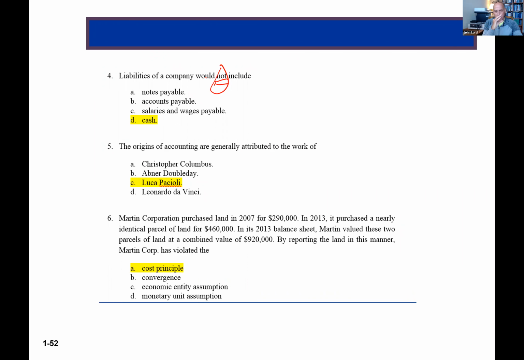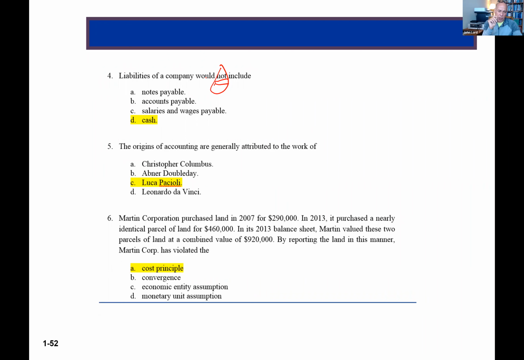So this Catholic priest, Luca Pacioli, wrote in his journals about a lot of different things that were going on. And one of the things he wrote is that business people, mostly men in those days, were using something called double entry bookkeeping, which is something we're going to really start to focus on in chapter 2 and use through the remainder of this class.